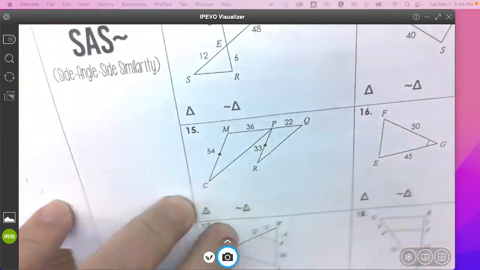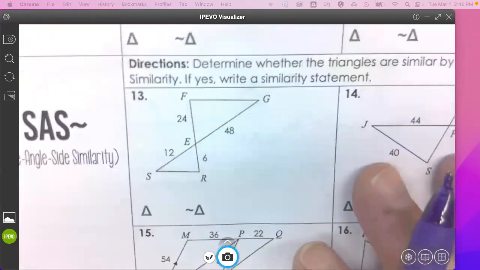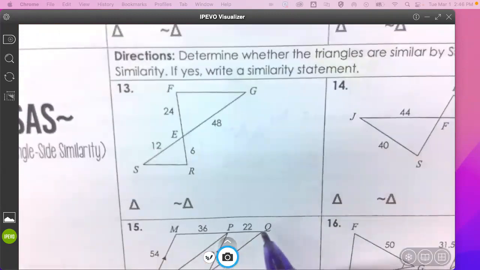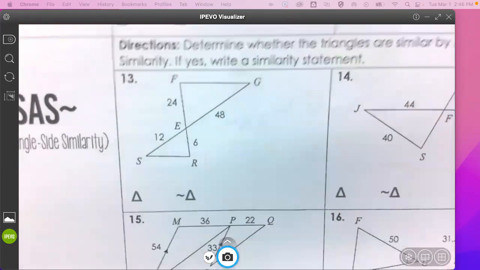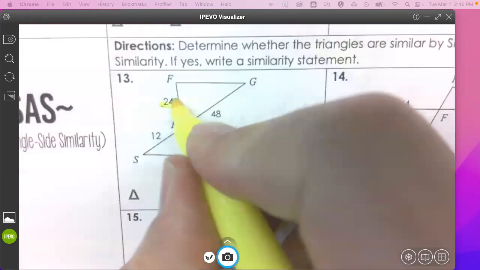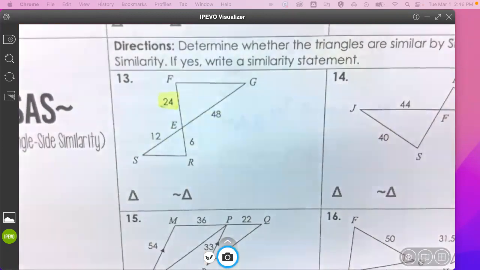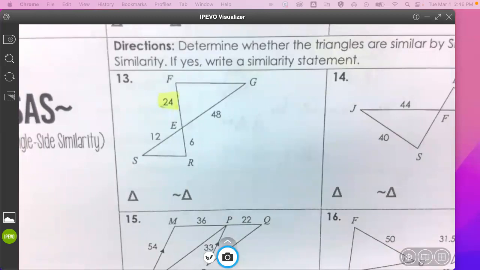So for example, what can I match up this 24 with? Why 6? You're right.